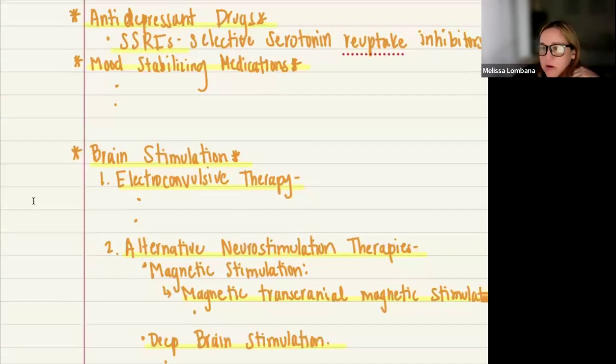So if they're not giving medication, what are some other approaches that the biomedical model uses? Okay, and they use some brain stimulation. The first one that they use is electroconvulsive therapy. This is typically for people that are really severely depressed. This is usually what happens after they've tried multiple medications.